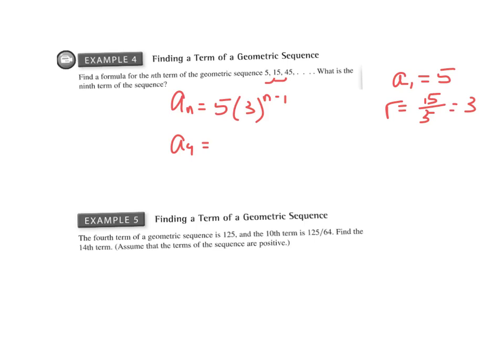Notice that you can't do anything to simplify this. You can't multiply 5 times 3 because the 3 has a variable. But now you can plug in 9 for n. So you end up with 5 times 3 to the 8th.